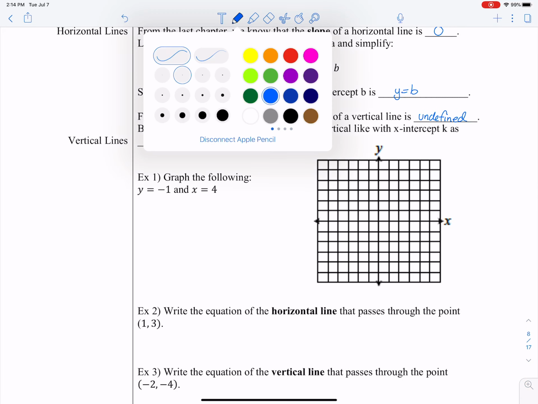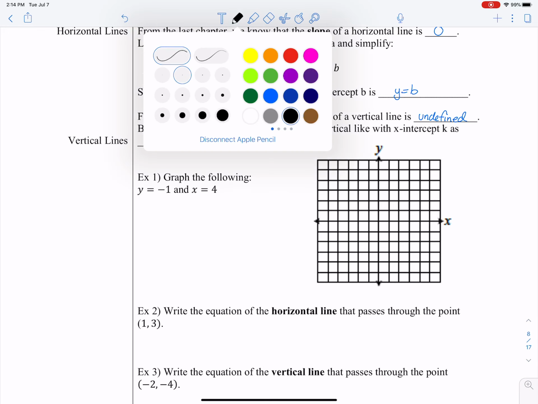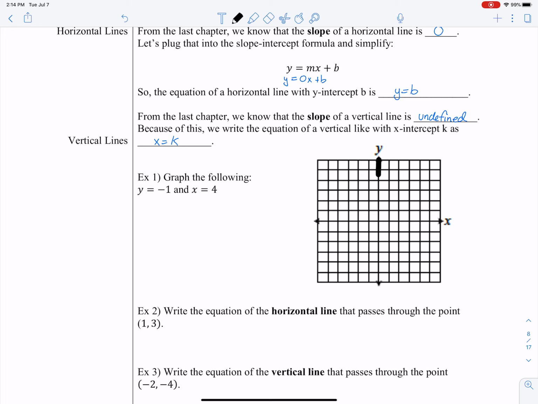So for example, let's say we have a graph. So first one is y is equal to -1. So we're going to go onto the y-axis. Let's make our axis a little bit thicker. So here's my y-axis. Here's my x-axis, just so you can see them a little bit better.